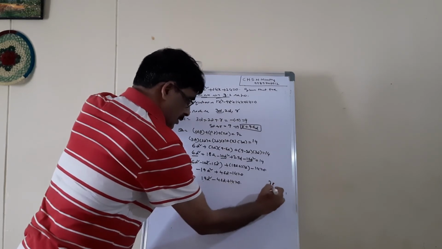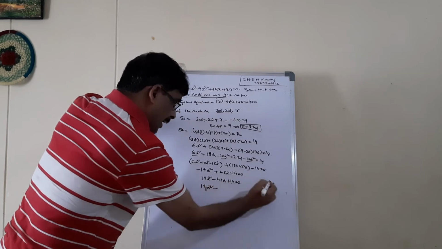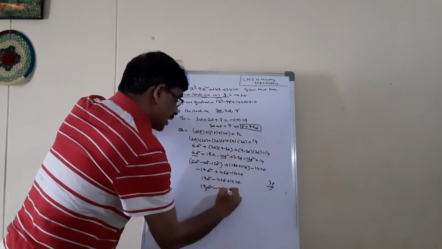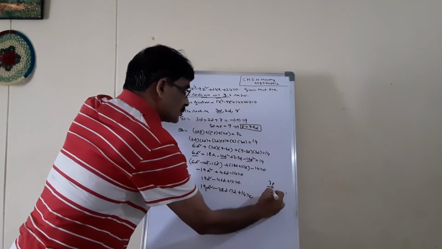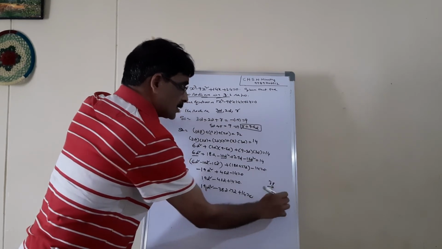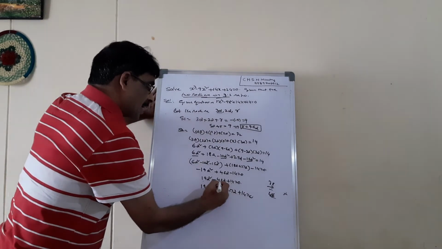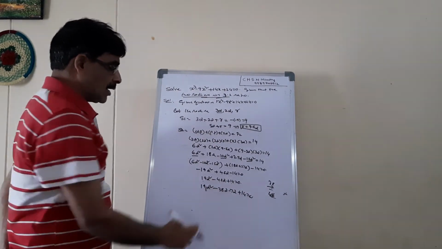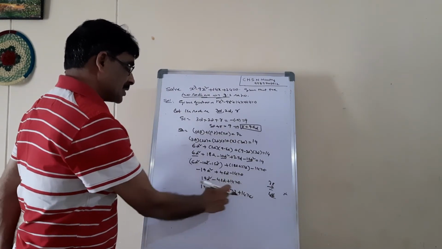19 alpha square minus 38 alpha minus 7 alpha plus 14 equal to 0. Now you can write that minus 45 is the sum of minus 38 alpha and minus 7 alpha, and 38 sevens are 266.